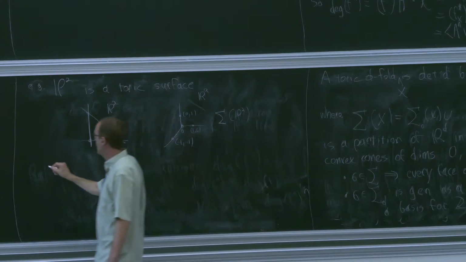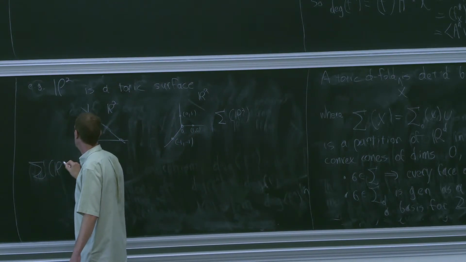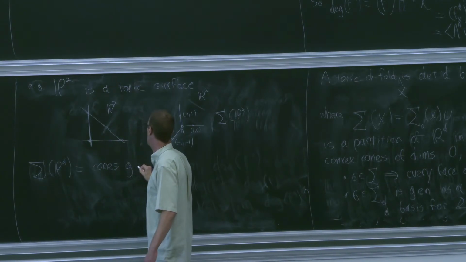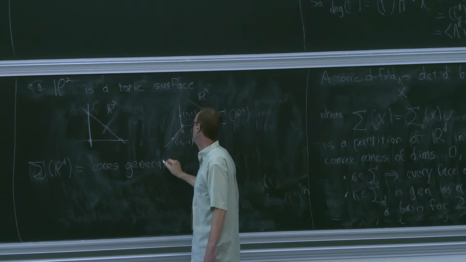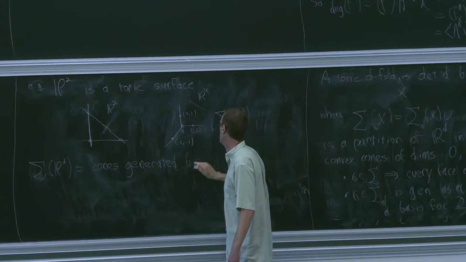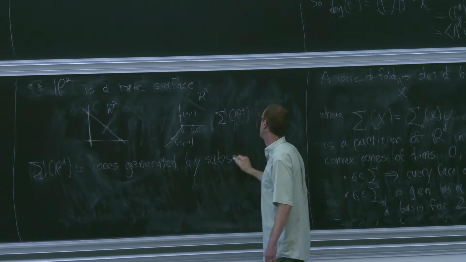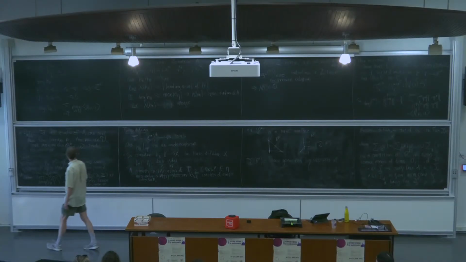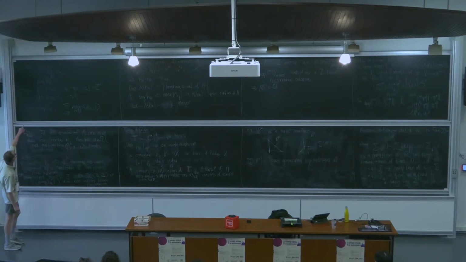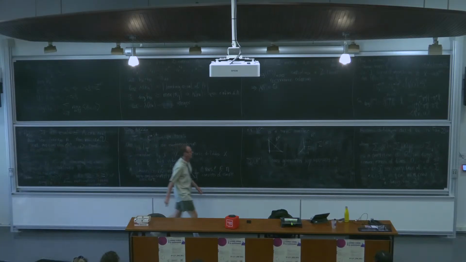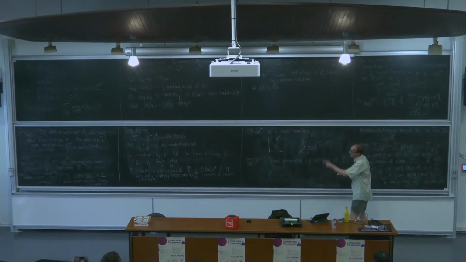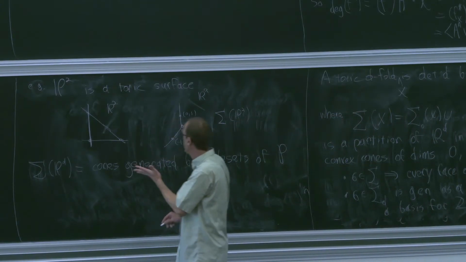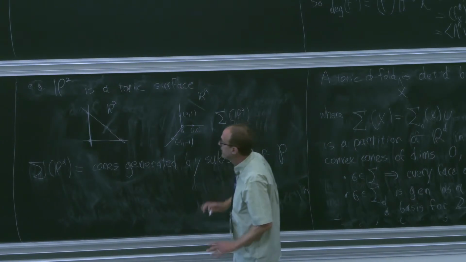So in general, sigma of P^d is equal to the cones generated by subsets of P, that P over there, okay?